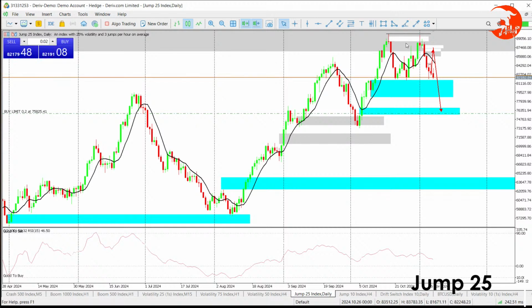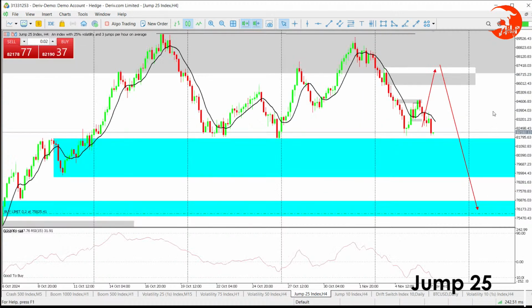Now I don't need that arrow, I don't need all this. Probably that I need on H4, and I can leave it there. So on H4 I may see this buy, but I don't want to just rush into it because price is below my 10 MA and it is on a support level.